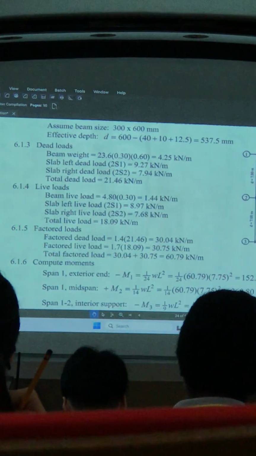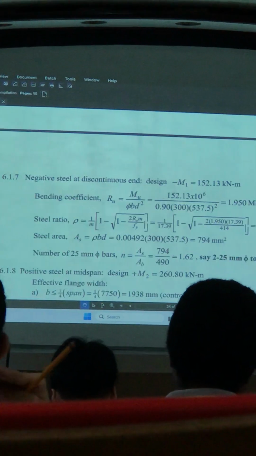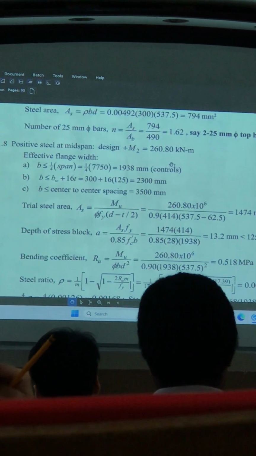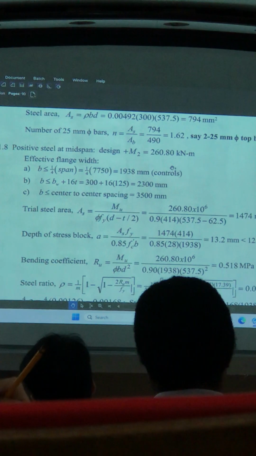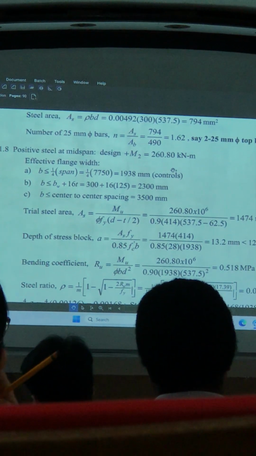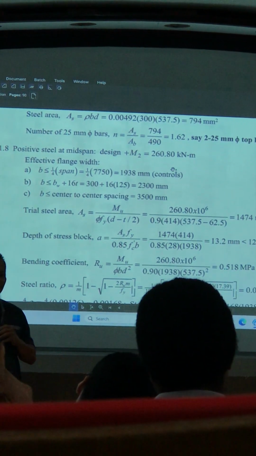Now for steel reinforcement at midspan. So at midspan, the bending moment is positive, and you have the slab at the compression side. So this will act as a T-beam.